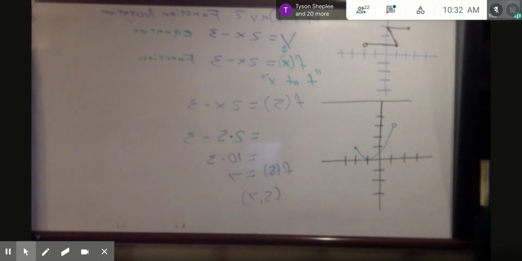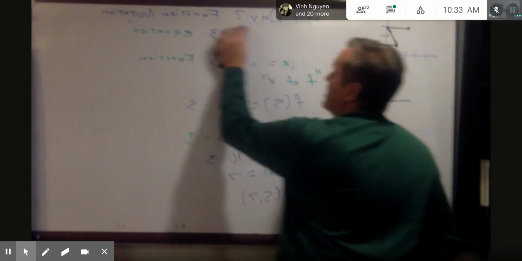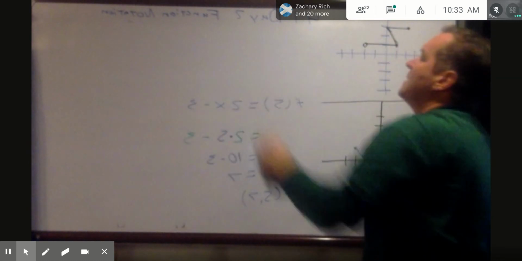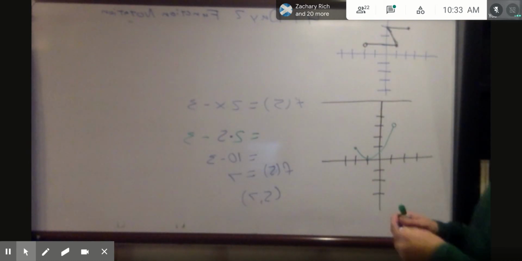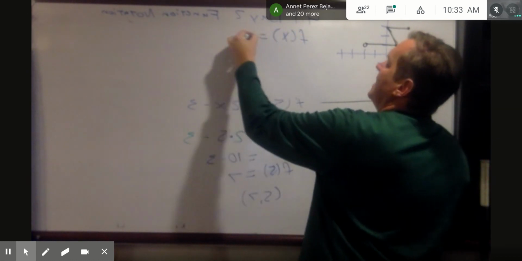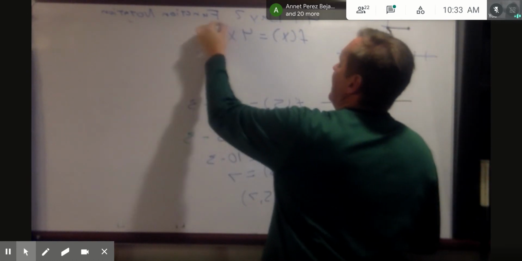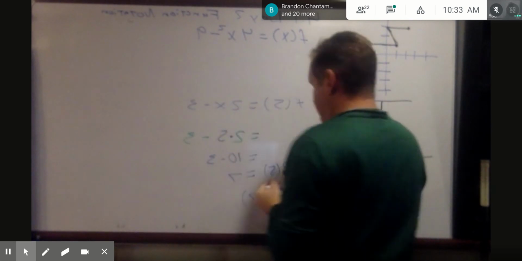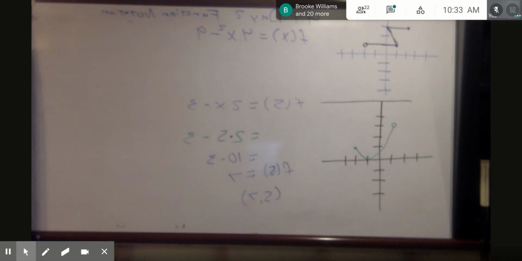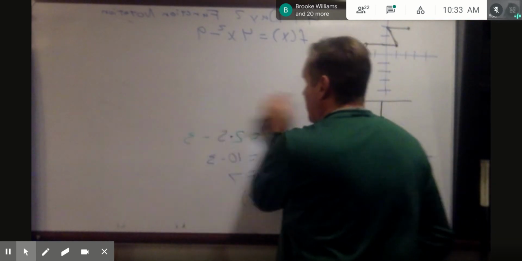All right. I'm going to show you. I'm going to give you one example of what you're going to see today. I'm going to give you a function that's a little bit more difficult. My function is f of x equals 4x squared minus 9. Then I'm going to give you 3 problems.